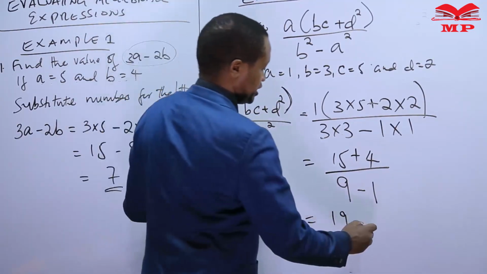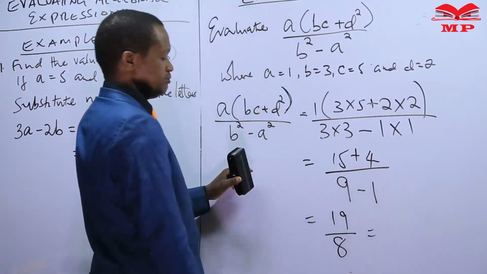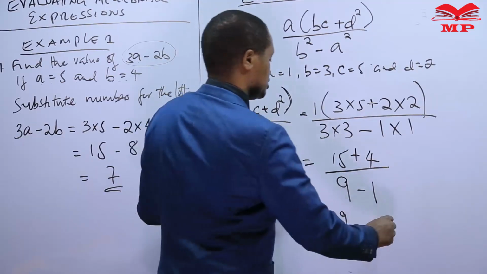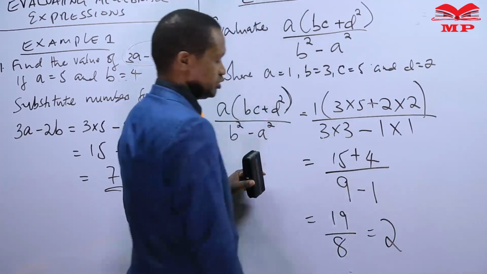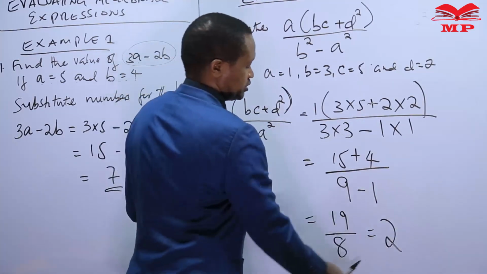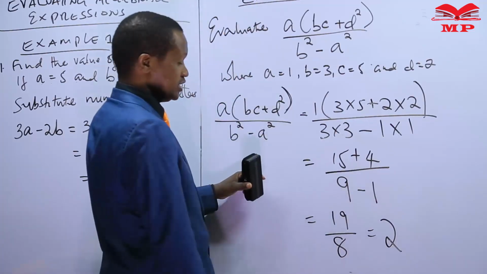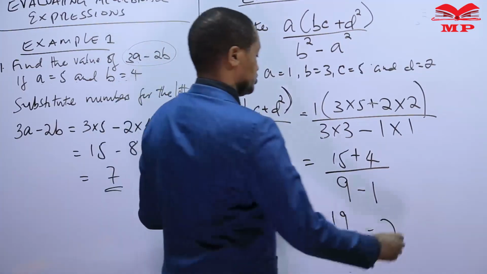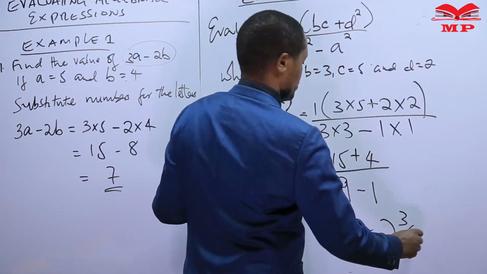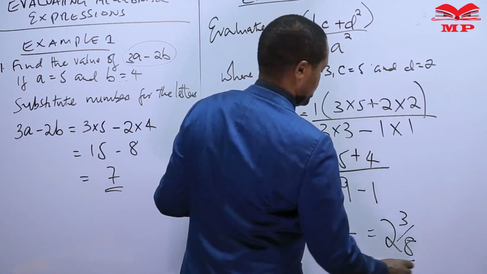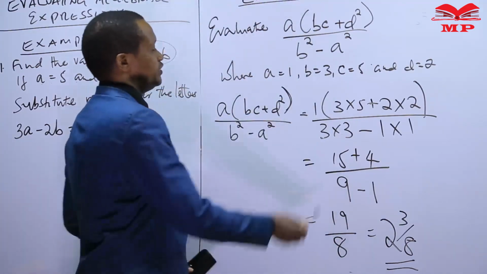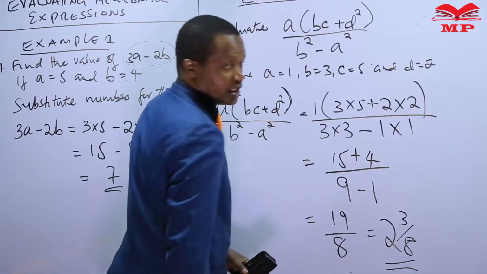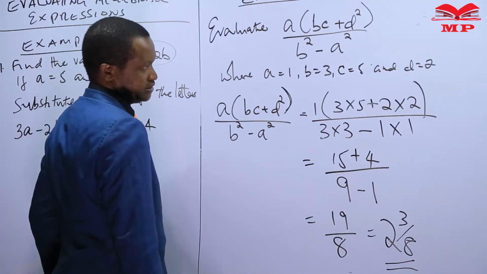If you are to rewrite it into a mixed fraction, 8 goes into 19 how many times? 2 times. 2 times 8 is equal to 16. 19 minus 16 is equal to 3 over 8. So the value of this algebraic expression is 2 3/8.